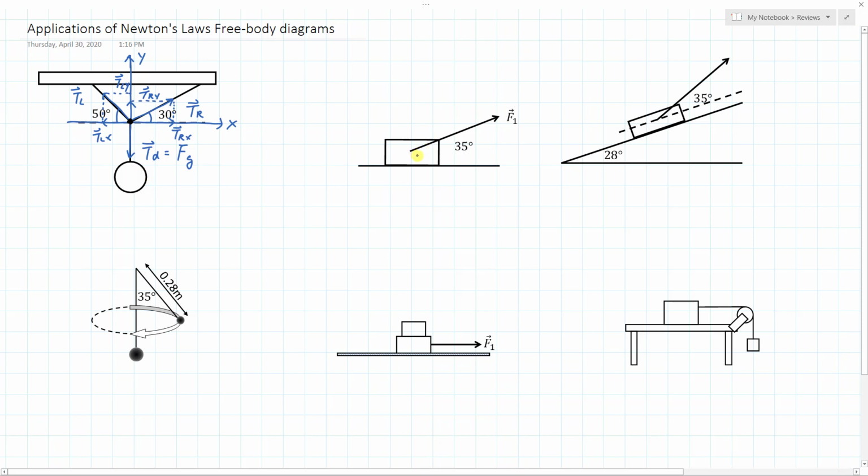This one is accelerating to the right because there's a force pulling and there's no friction. So we start again. Now we can focus on this physical object, the center here, and we draw gravity from the center, Fg or W, whichever you prefer. And we also have normal force from the surface. So if you want to draw where the force is applied, you probably want to start from here, right?